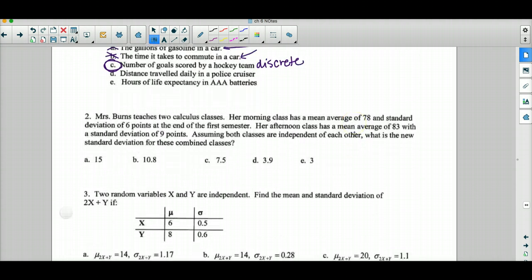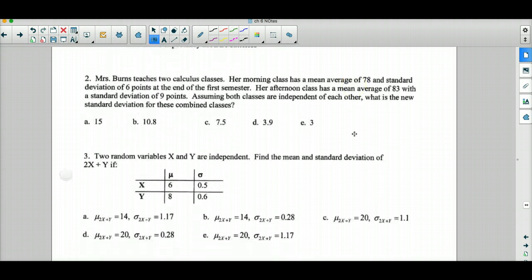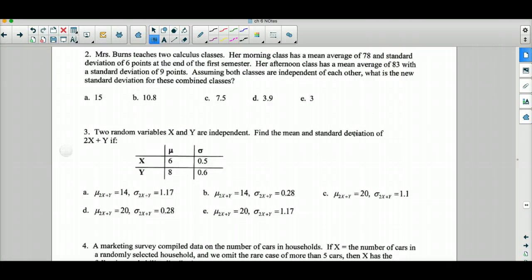All right, Mrs. Burns teaches 2 calculus classes. Her morning class has a mean average of 78 and a standard deviation of 6 at the end of first semester. Her afternoon class has a mean average of 83 with a standard deviation of 9. Assuming both classes are independent of each other, what is the new standard deviation for those combined classes?